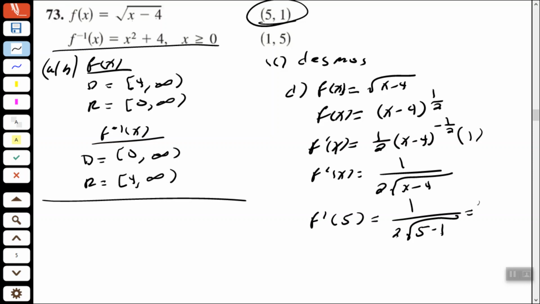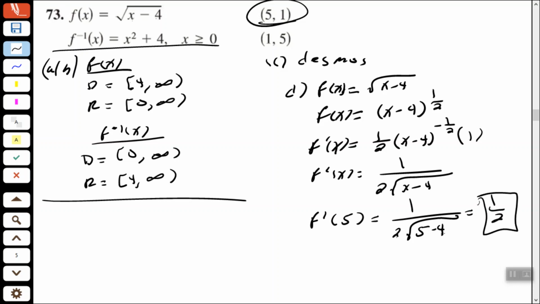Oh, sorry, I'm going to make that mistake, aren't I? 5 minus 4 is 1. The square root of 1 is 1, and 1 times 2 is 2, so 1/2. My derivative, or my slope, for my original function at the point 5, 1 is 1/2.